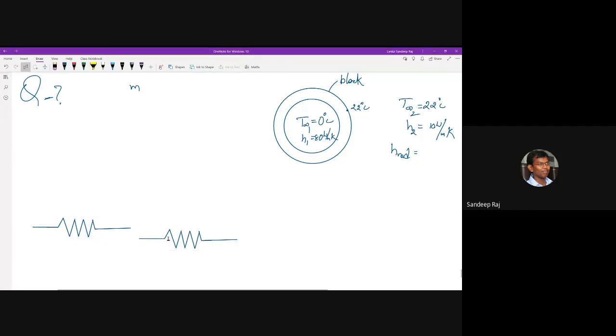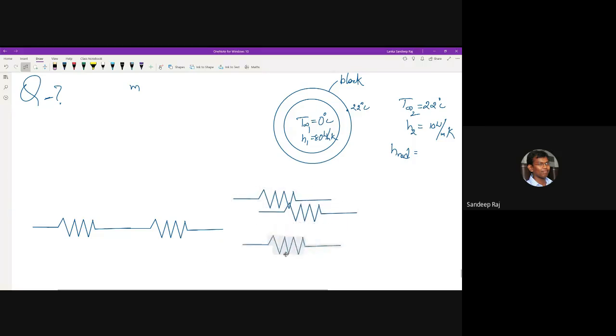Then you will have one more resistance, and this particular resistance is due to the spherical tank, and you will have two resistances here, one due to the convection, the other due to the radiation. It's like this. So the resistance circuit will turn out to be of this kind here.